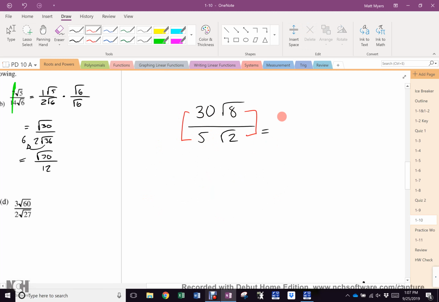And of course, the answer to that is 6 root 4, which is, of course, 6 times 2, which is, of course, 12. Yeah?